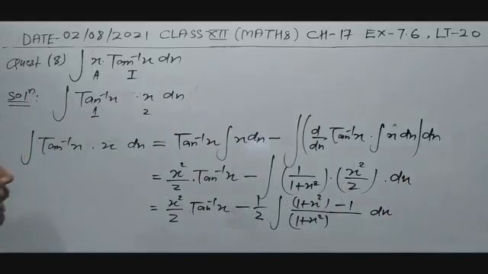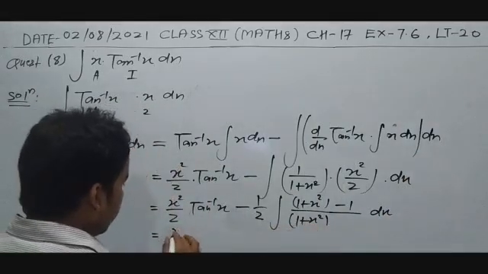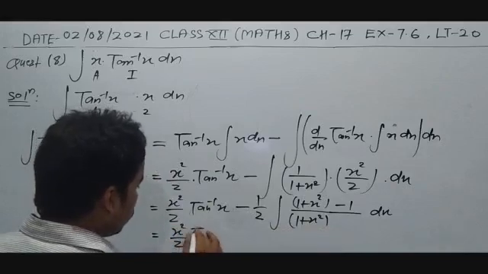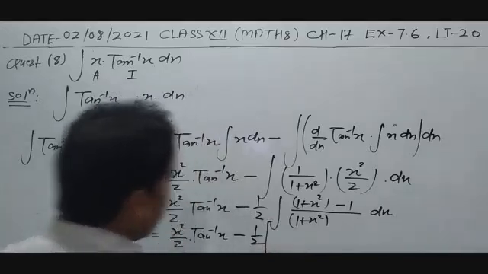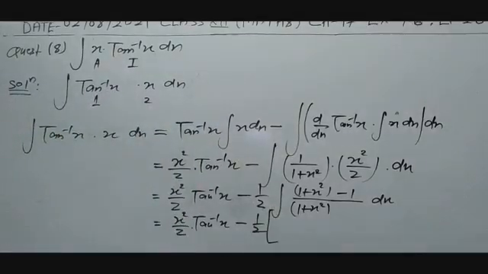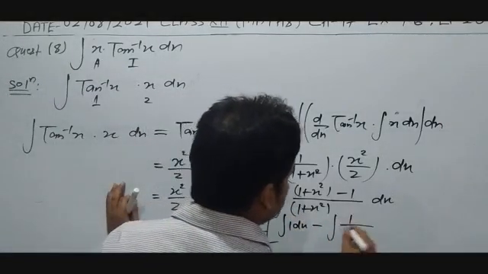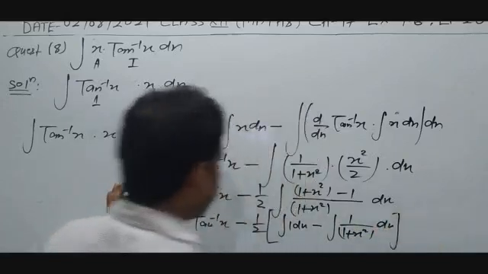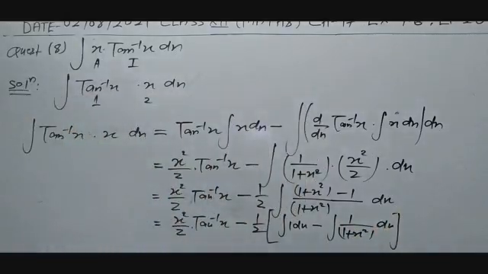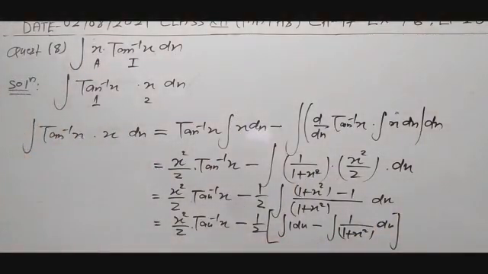So now again the integration will be split into two integrals, and the result will be x square by 2 tan inverse x minus 1 by 2 in square brackets, integration of 1 dx minus integration of 1 upon 1 plus x square dx. Its result, you know, is x, and the other result is tan inverse x.